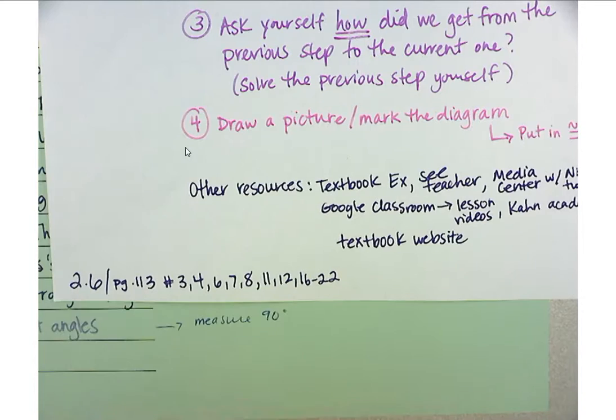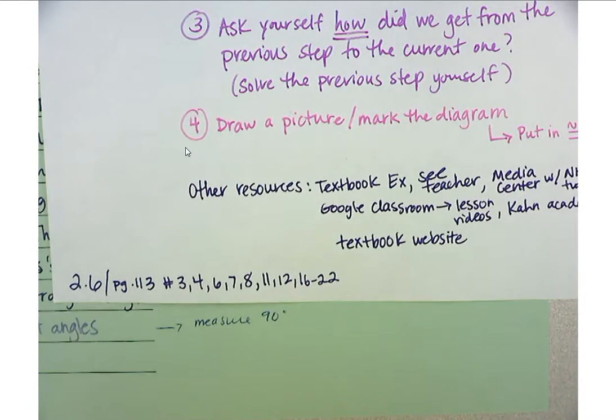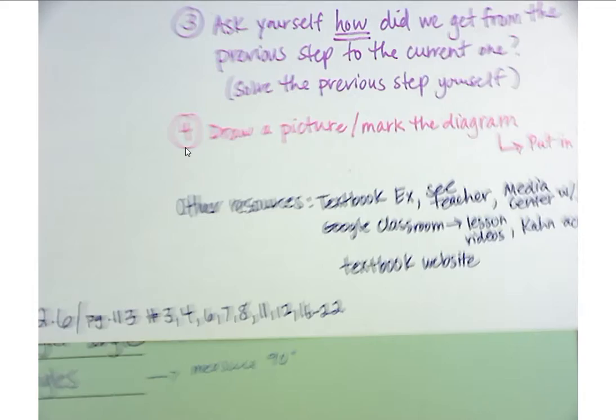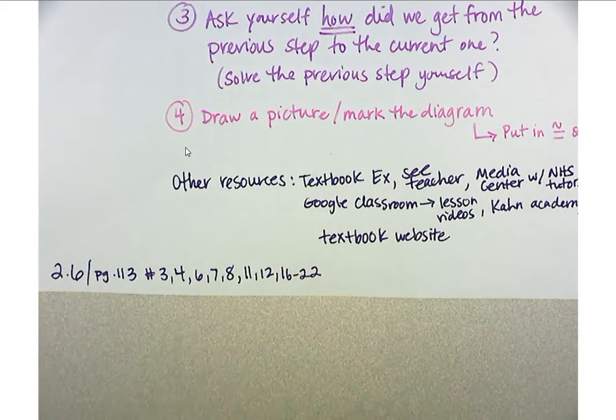So this is going to be your homework. And then we are going to go over your homework from yesterday, but first I'm just going to show you how to put this in your notebook. It is going to be just like yesterday's. This is another one where you can choose.